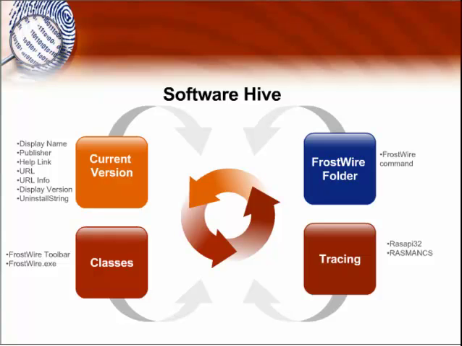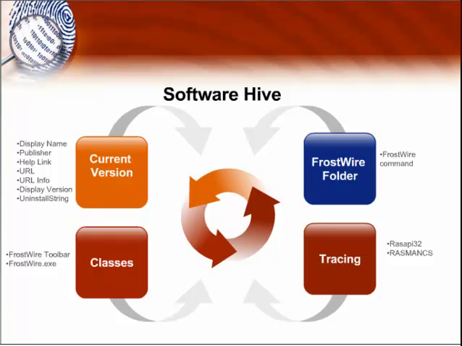Then we also looked at the various registry keys, where in software you can see quite significant interaction between Frostwire and the machine. Under your current versions, you will be finding all the information regarding the software, your display name, who the publisher was, where you can go to find help, etc. The same under classes, and then there's a Frostwire folder as well.